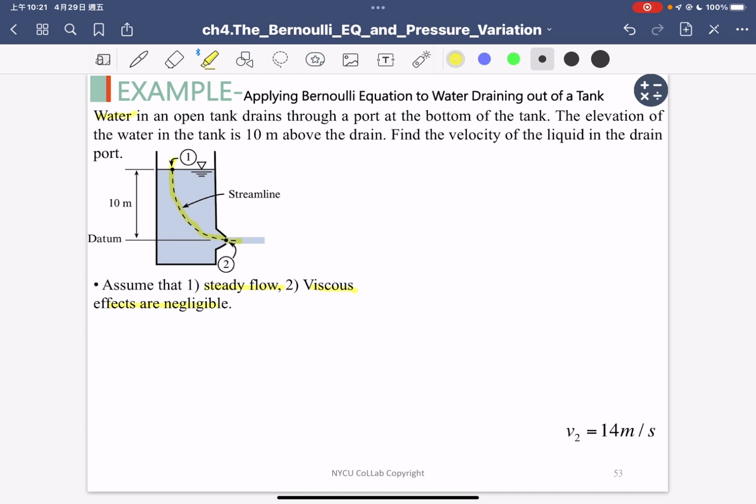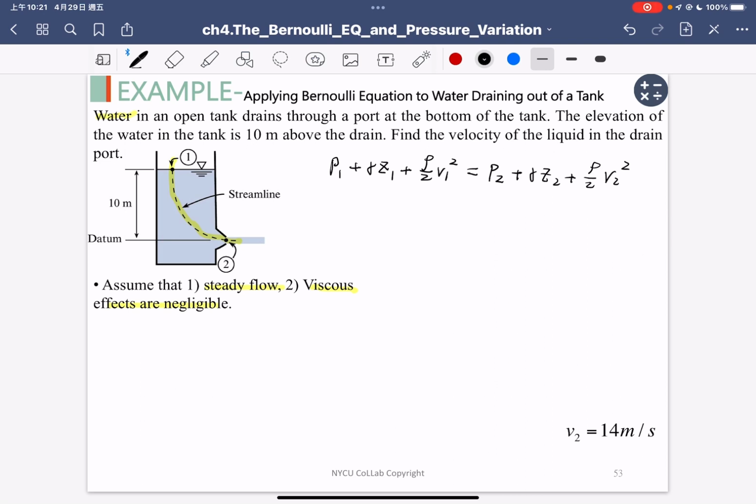So we have the pressure at location 1, P1, plus the elevation pressure, gamma Z1, plus rho over 2 times V1 squared, which should equal P2 plus gamma Z2 plus rho over 2 times V2 squared.